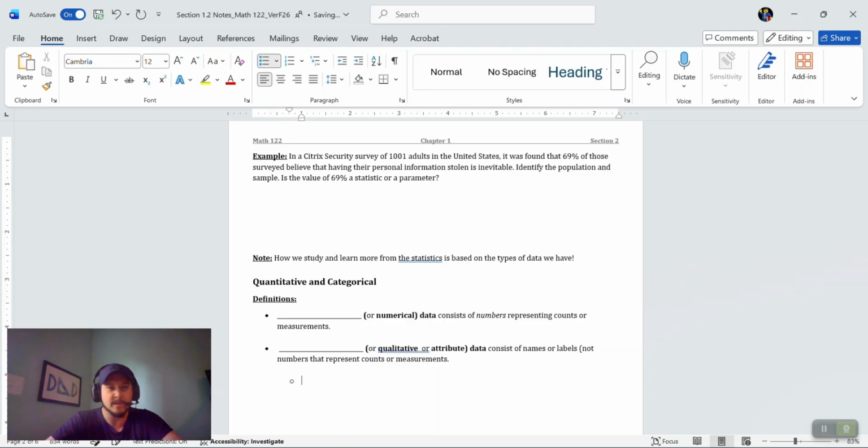Okay, but I'm going to make a note for this. This is something that could be confusing for students, so I want to make sure that I help guide them through that. Categorical data are sometimes coded with numbers where the numbers are meant to replace names.